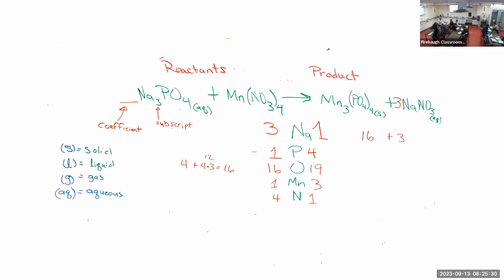Okay, so if I put a 3 there, that means now I have 3 sodium. How many nitrogens do I have? 3. How many oxygens do I have?